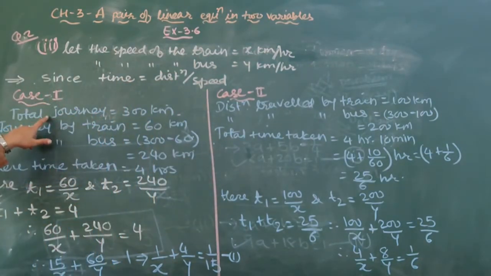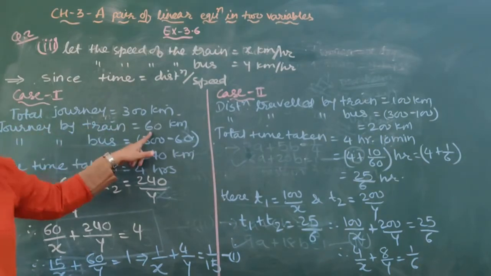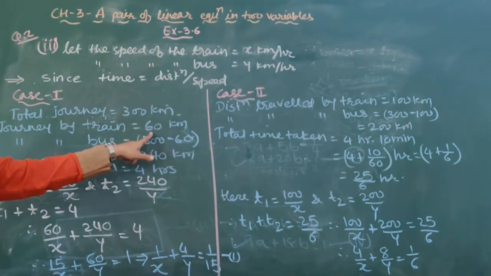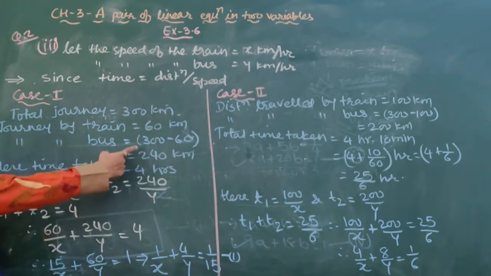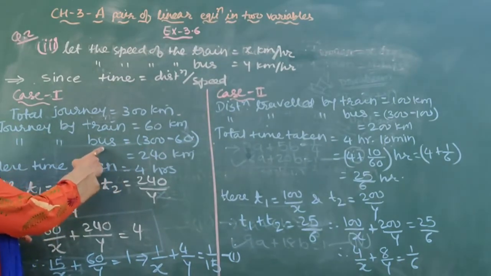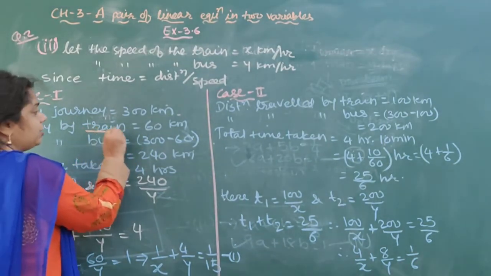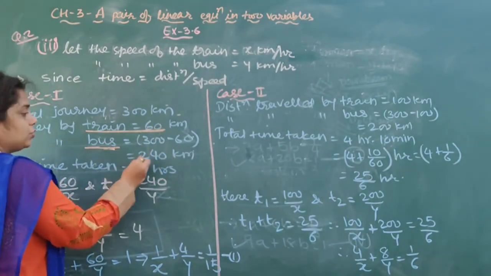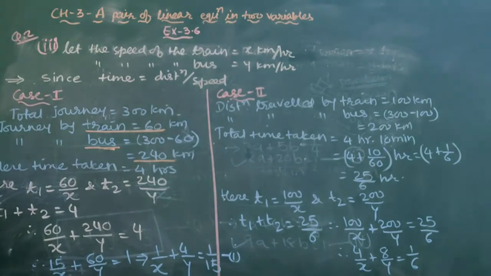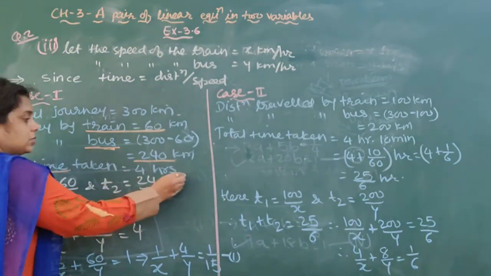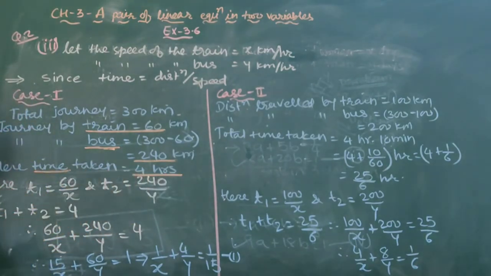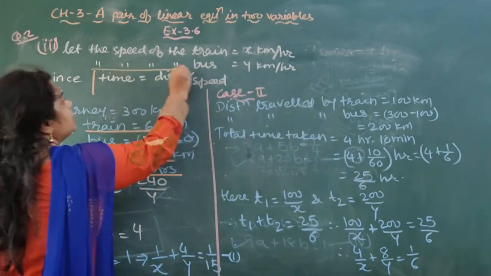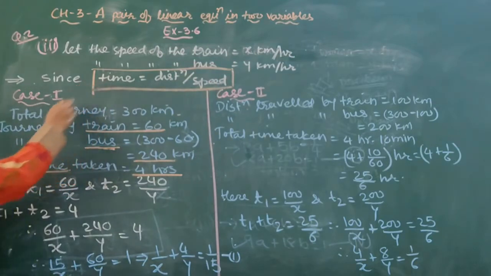So in case 1, by train she travels 60 km and by bus she travels the rest, 240 km, and the time taken is 4 hours. As you know, time is equal to distance by speed.